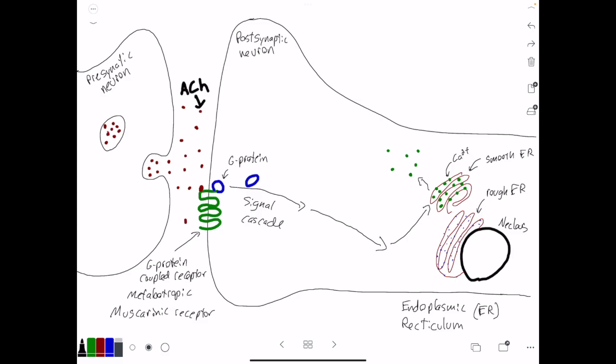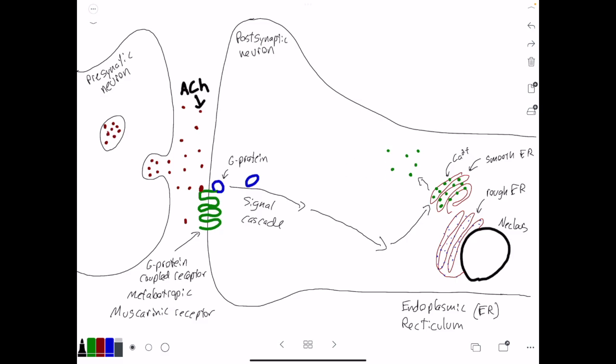And so this can go on and facilitate other metabolic processes within the cell. These processes often involve a lot of phosphorylation, transferring energy from ATP to other proteins to change their structure, to influence what they're going to do, what they're going to affect. And so this signaling continues.